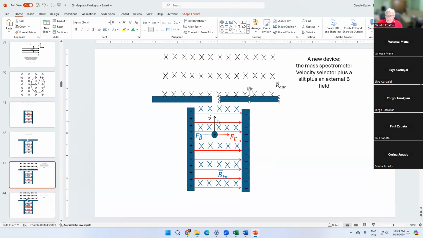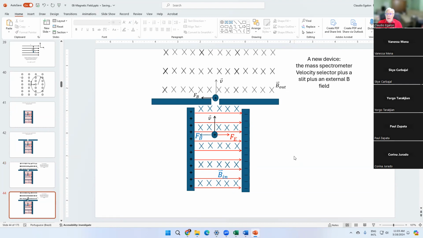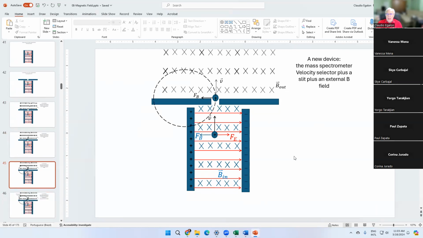Once the particle leaves the volume of the velocity selector, it will be subjected to this magnetic field. Here's the particle exiting the velocity selector. Now it's subjected only to the outer magnetic field. And what's going to happen? If it's a positively charged particle, V cross B is going to make it turn to the left, a circular motion to the left. Okay?